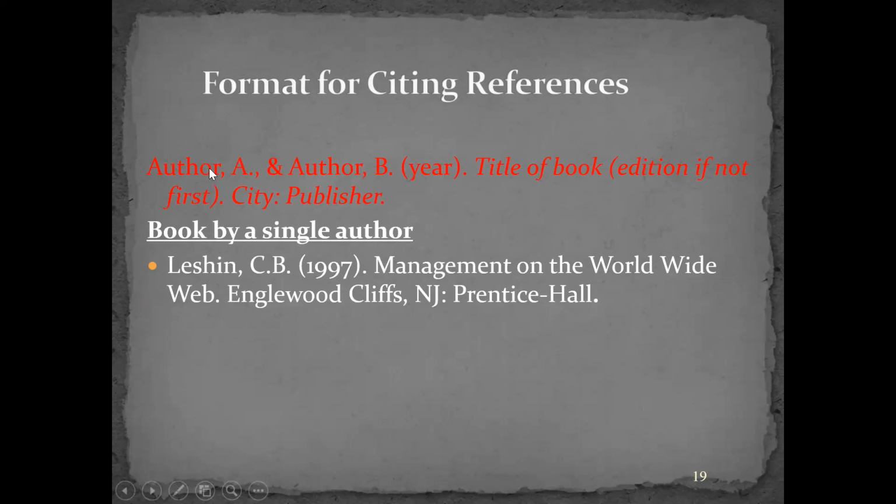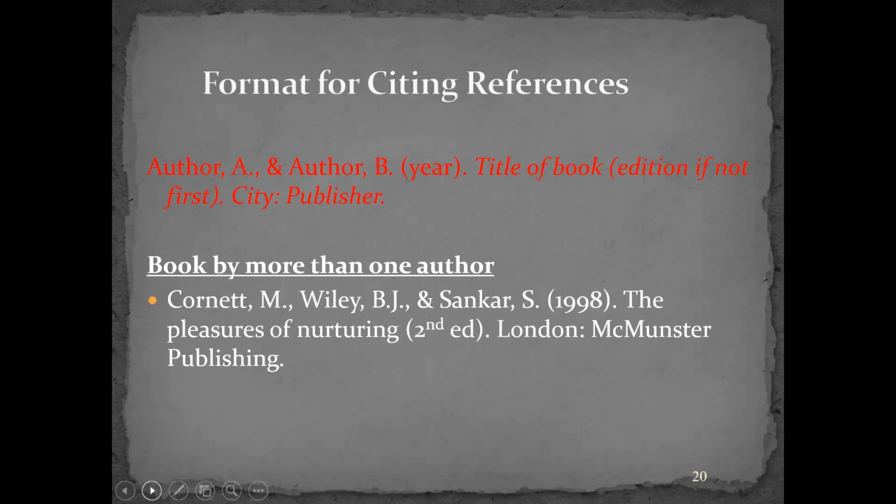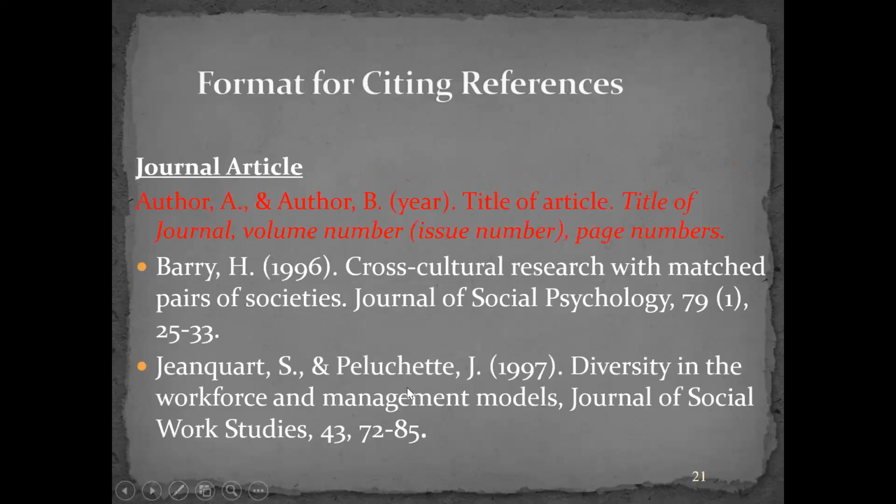Author, if there are two authors, author A and author B, then within brackets the year, a dot, the title of the book, etc. Any book you have to refer to like this. If the author is more than one, it should be like this. It will be given to you, you can refer to it.